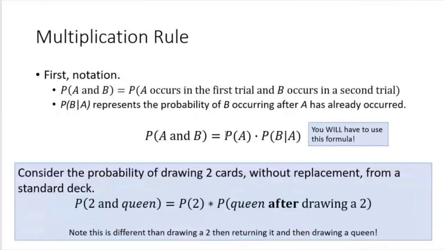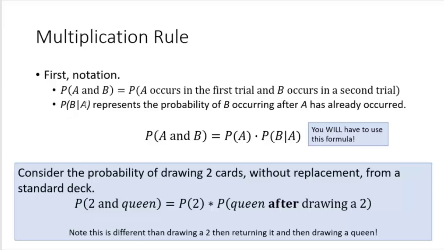Moving to the multiplication rule. If you're looking at an and, then really what you're looking at is what is the probability that this first part occurs in the first trial and the second one occurs in the second trial. So the probability the first one happens and the second one happens. Now, the idea that B has to occur after A already did is this sort of symbolism.